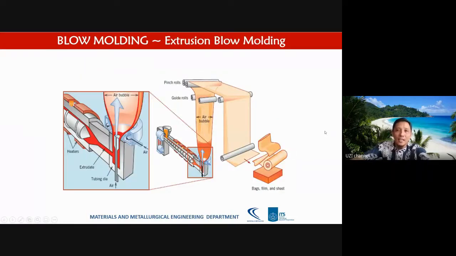Okay, and we also have the extrusion blow molding. Generally this process is used to make bags, or films and sheets of plastic or polymer.